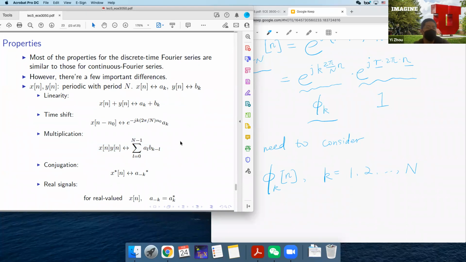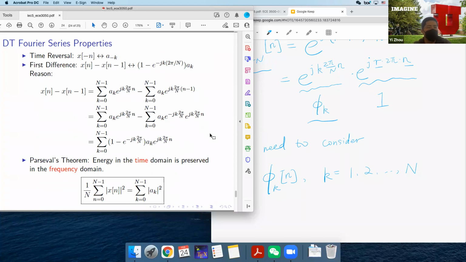Multiplication in time corresponds to convolution in the spectrum domain. Conjugation and real valued signals, these two are the same. So all these properties are similar to the continuous Fourier series. And time reversal, again, is the same. If we do a time reversal in time, the spectrum is also reversed.